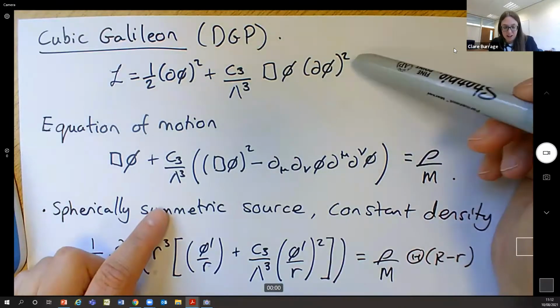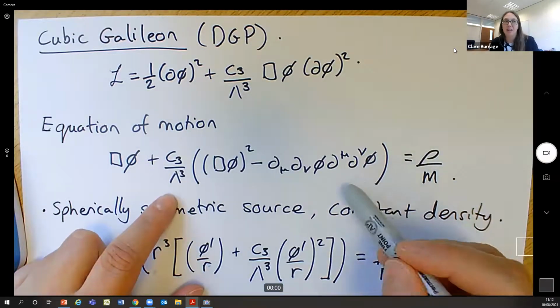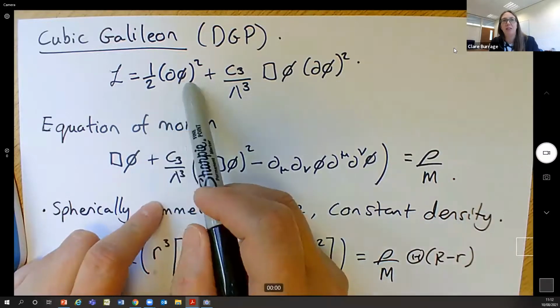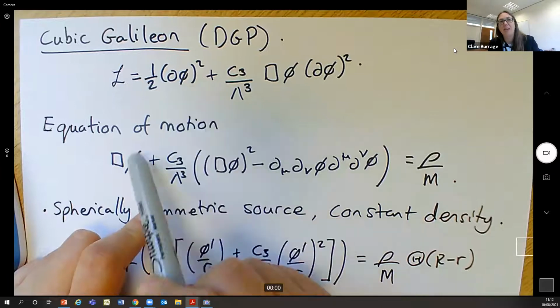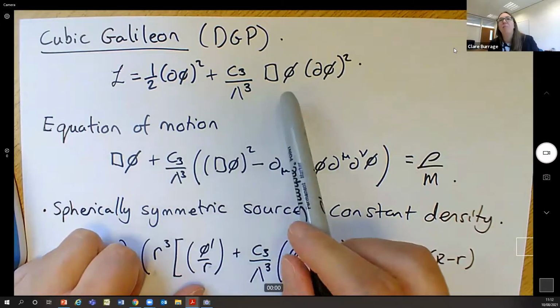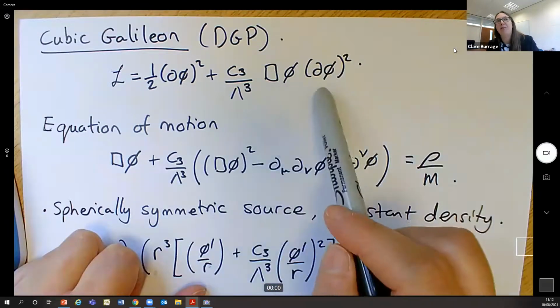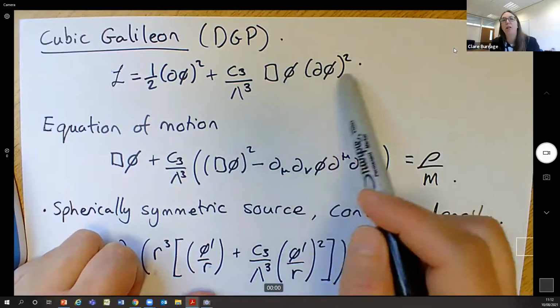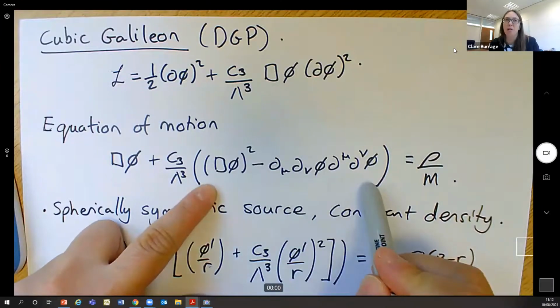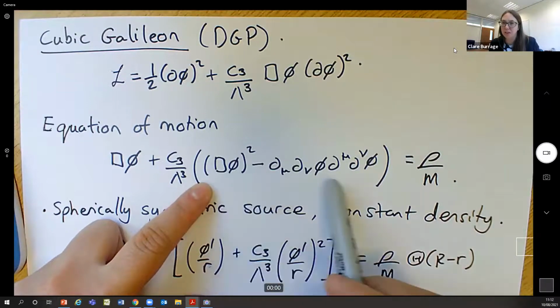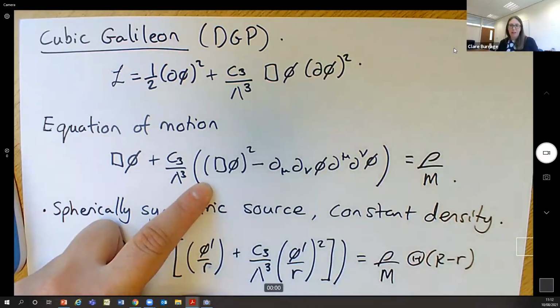So if you just vary this Lagrangian, this is the equation of motion you get. The variation of this term, as we would expect, gives us a box phi. The variation of this term is obviously slightly more complicated, but when you work through the algebra, this is what you get, and we get no more than 2 derivatives per term.